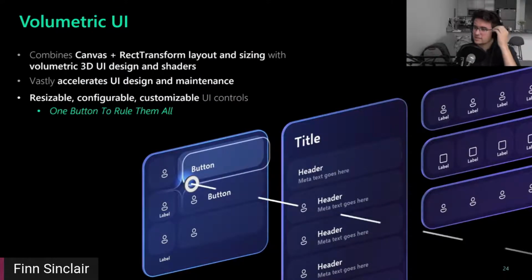So what exactly are some differences between this workflow and what you might be used to? What we do is combine the canvas rect transform layout that you are expecting from normal flat 2D UI, but we bring our volumetric 3D UI design and shaders to it. And so you get this happy medium where you have this super satisfying, rich, 3D experience with fingers touching, pressing, squeezing, pinching, all these really fun micro interactions.